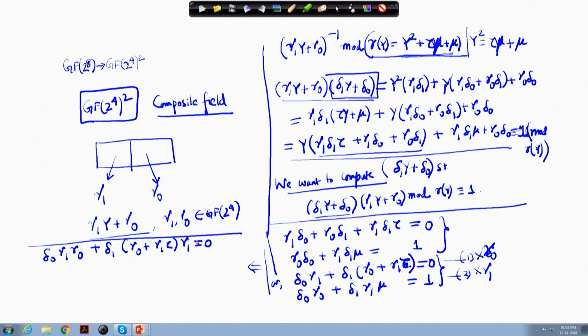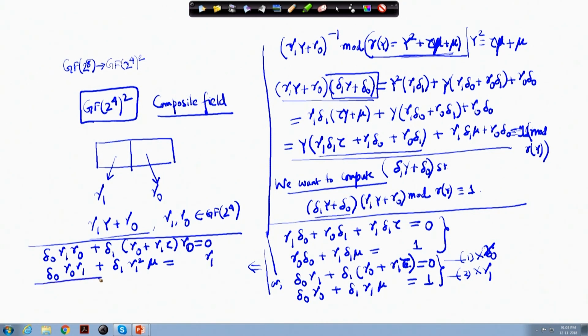I multiplied gamma 0 here, and the first term is delta 0 gamma 0 gamma 1, because I am multiplying gamma 1 here, plus delta 1 gamma 1 square mu, and that is equal to gamma 1.